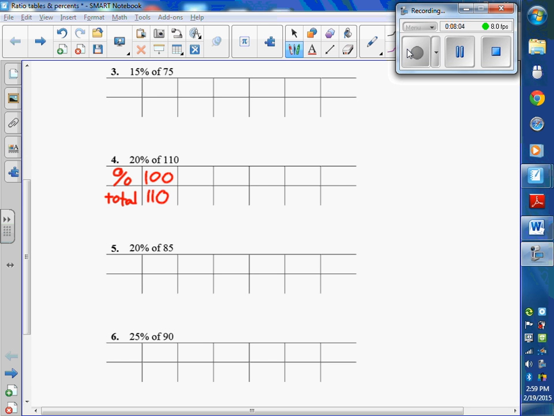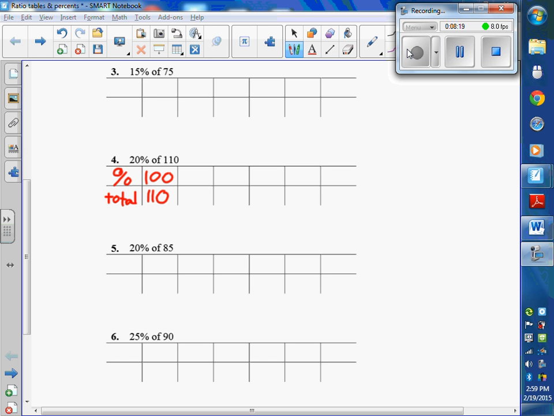Right, 100% of 110 is 110. Can you get 10%? Why did you get 10? Isn't it 20? Yeah, you could go to 20, but why not? But what would you do?